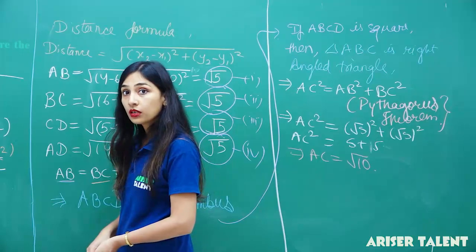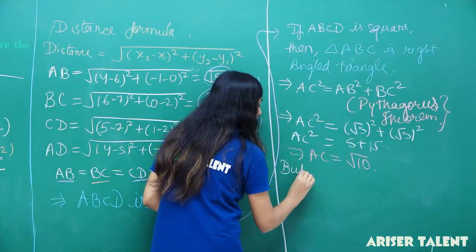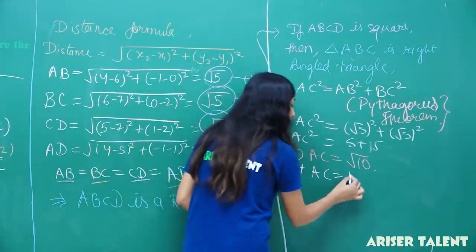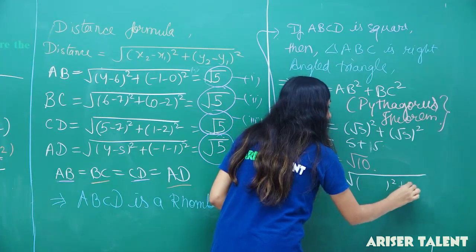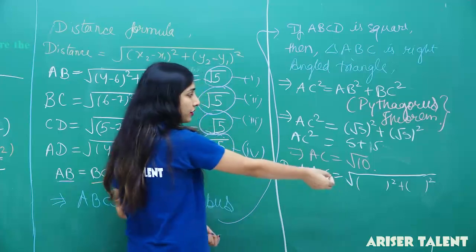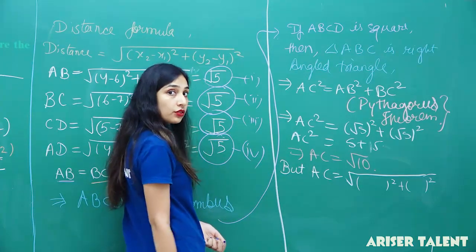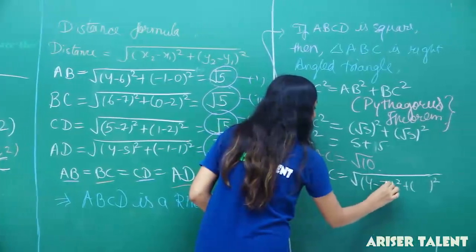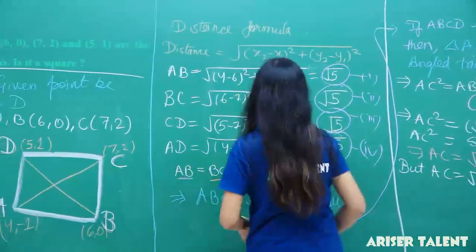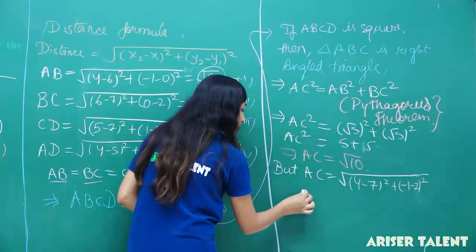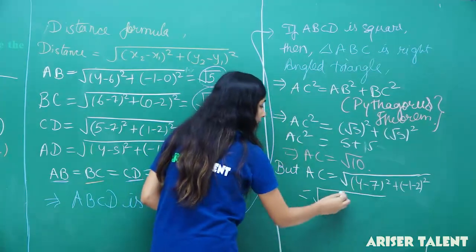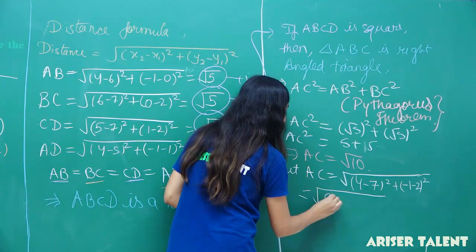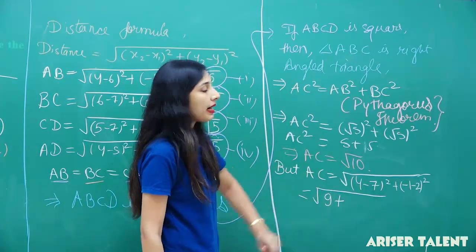But is that true or not? By the distance formula, AC equals the root of the difference of abscissas squared plus the difference of ordinates squared. The abscissas for AC are 4 minus 7, squared, and the ordinates are minus 1 and minus 2, so minus 1 minus 2, minus 3.